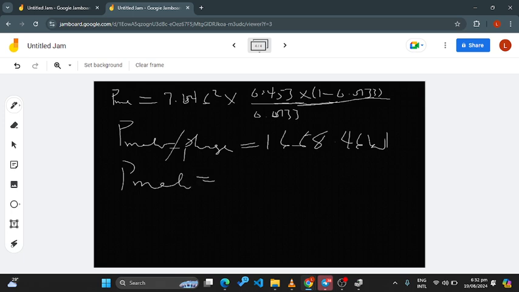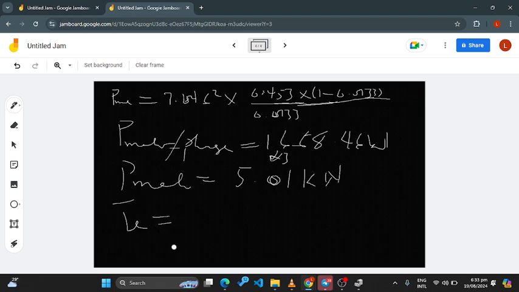So the total mechanical power is this times 3. If you do that, you are going to get 5.01 kilowatts.